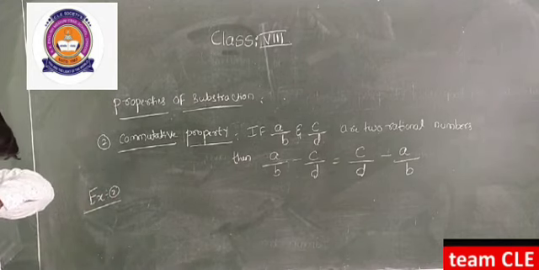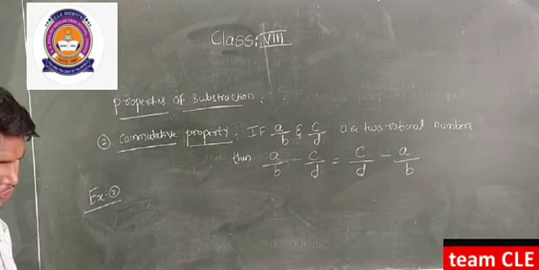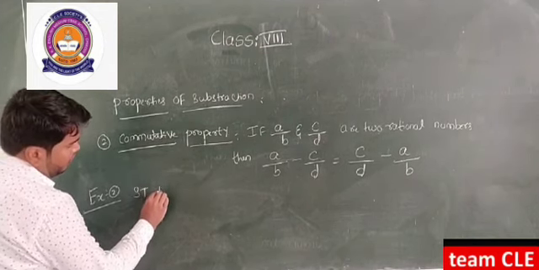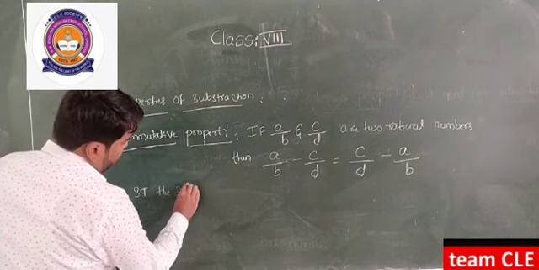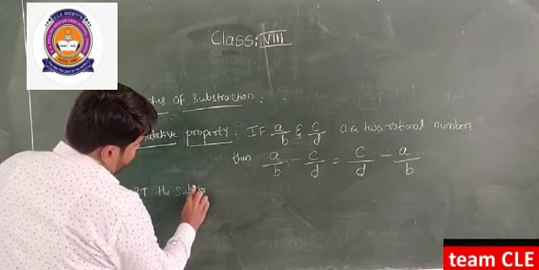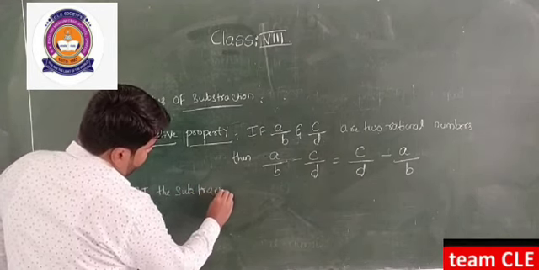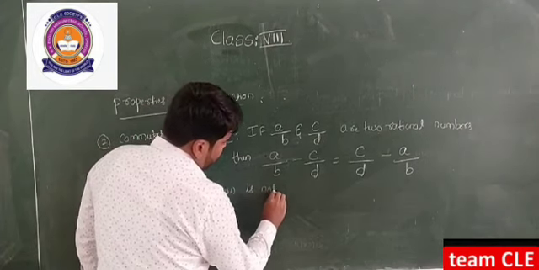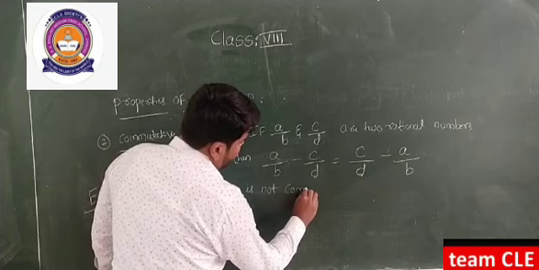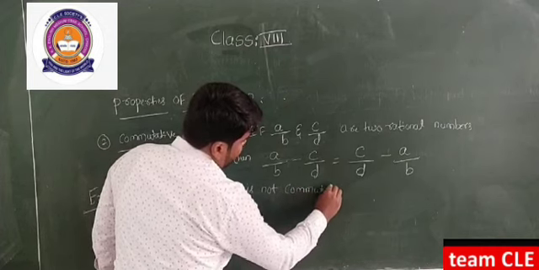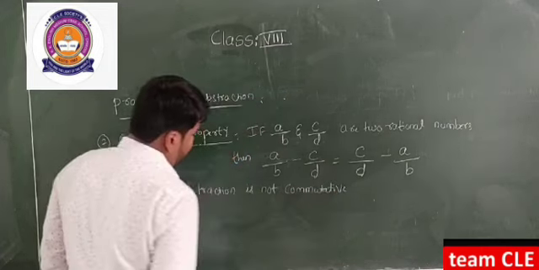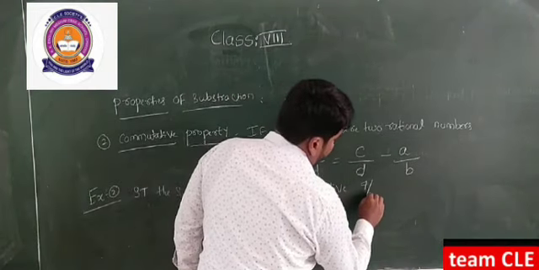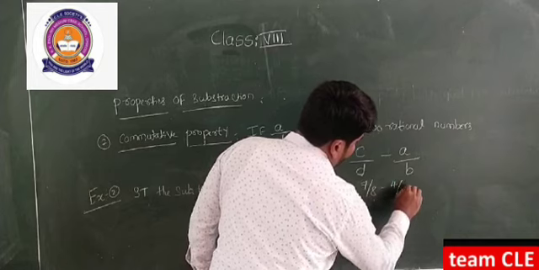I take the example: 7 by 8 minus 4 by 7.